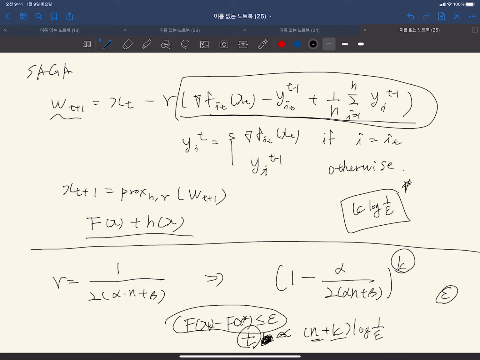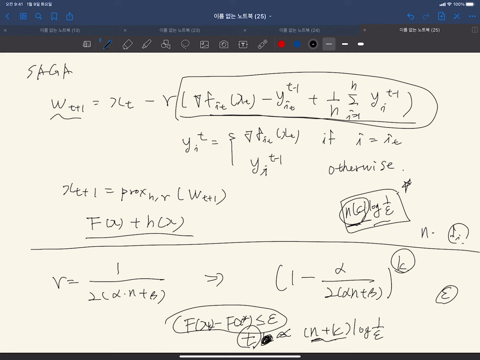But remember that the full gradient requires n gradient computations because there are n f_i's. So the true convergence cost must be n times kappa times log 1 over epsilon. This SAGA update rule essentially changed this n kappa to n plus kappa, which essentially uses fewer iterations compared to the full batch gradient descent algorithm.